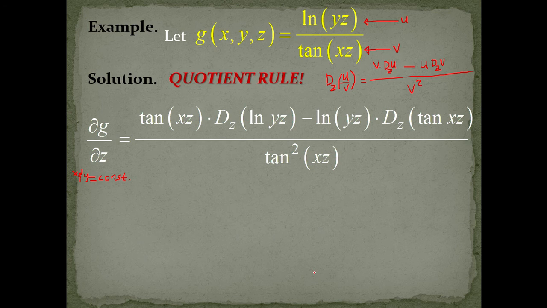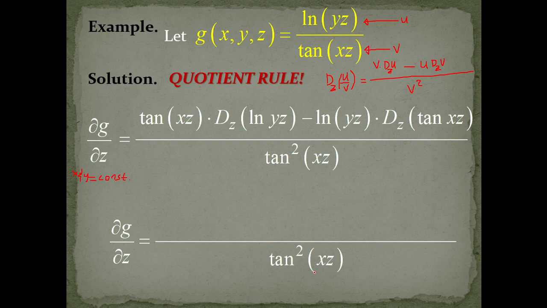So derivative of v, meaning derivative of, this is our v with respect to z. Okay, then applying the formula for derivative of ln and also derivative of tangent, like the one that we did a while ago. So just copy this one, derivative of ln u is 1 over u. So this is our u here. So 1 over u, meaning 1 over yz. Supposed to be there's still yz here.